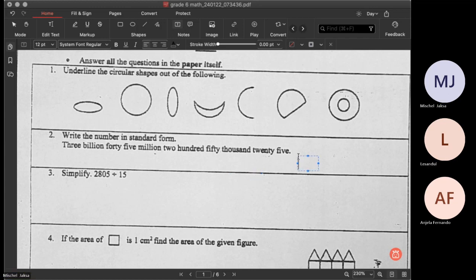Okay, second question. Write the number in standard form: 3,045,250,025. Check your answers, whether this is your answer, and let me know if it is correct.